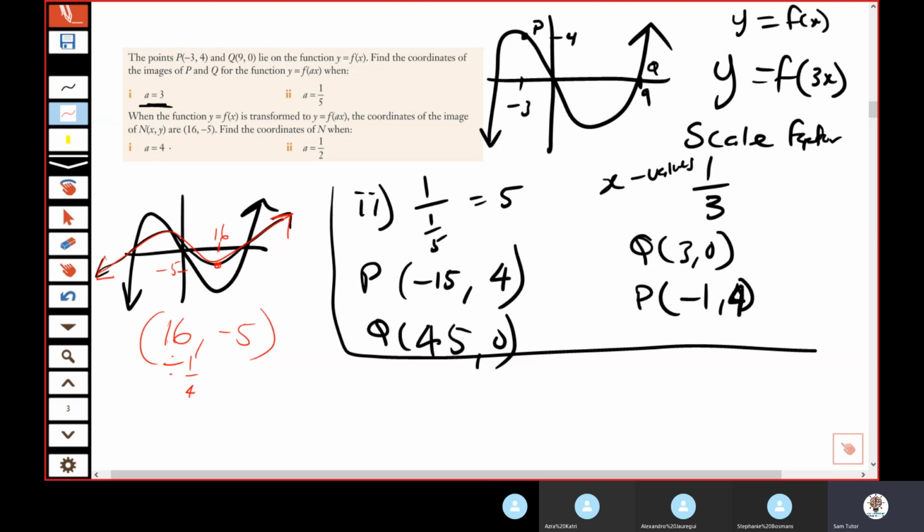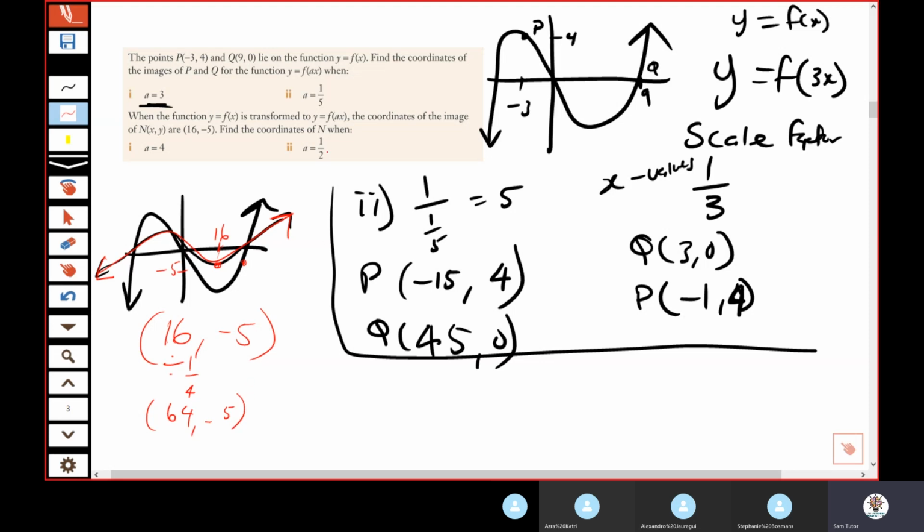So your scale factor is a quarter. You're going to shrink it back to where it was. So instead of being at 16, this value probably will go somewhere here, which is 4 and negative 5. Oh no, sorry. It actually would increase, wouldn't it? Yes, it would increase. So it would actually go over here somewhere. So 16 divided by a quarter becomes 16 times 4, which is 64, and negative 5.